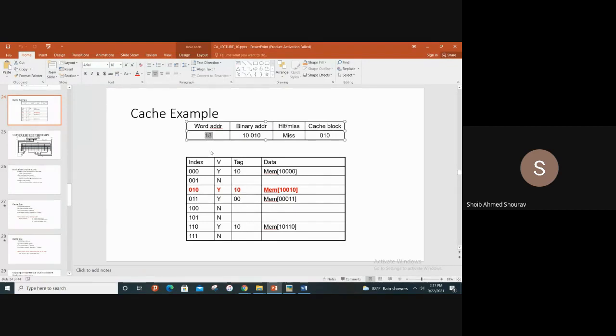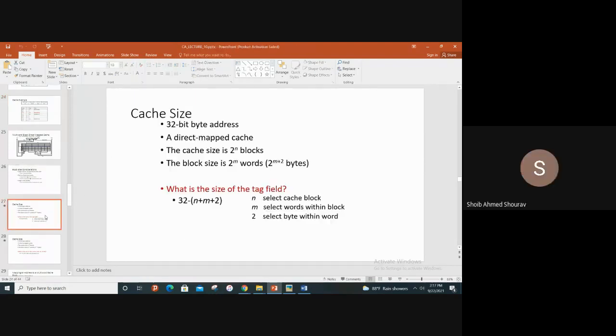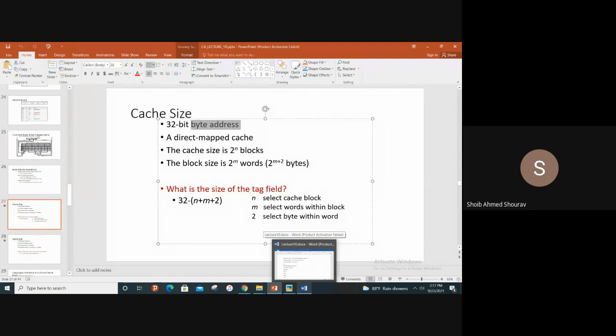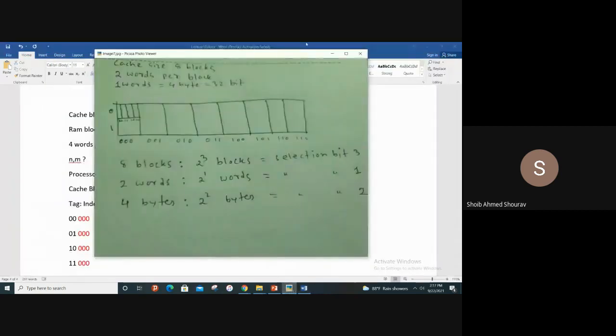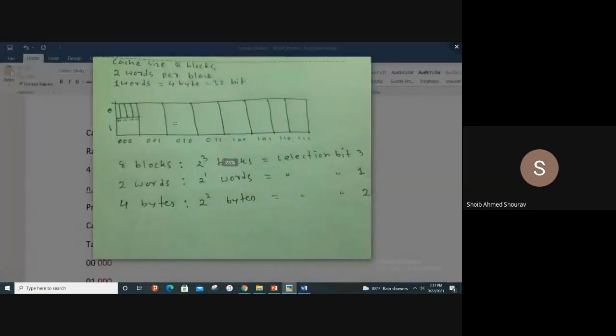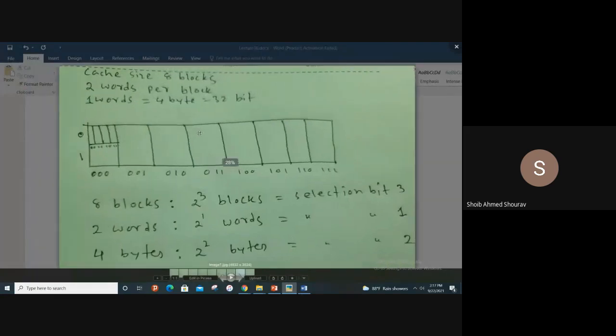Now the processor will demand byte addresses, not words. Now if a processor demands byte addresses, what would happen? Let me show you in this picture. Can you see this picture?